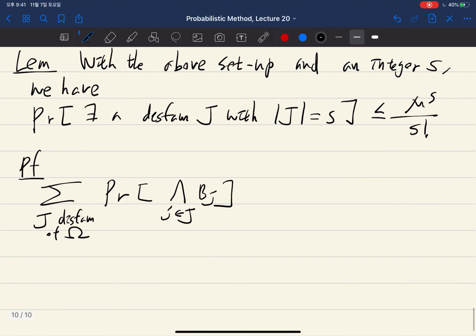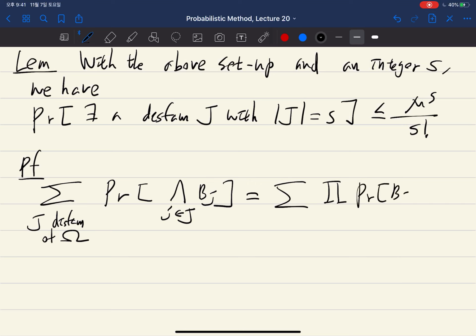So we have this. For all possible J, we add up the probability that it becomes a disjoint family. Then we have this equality.